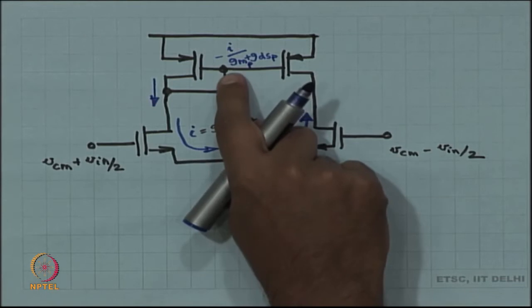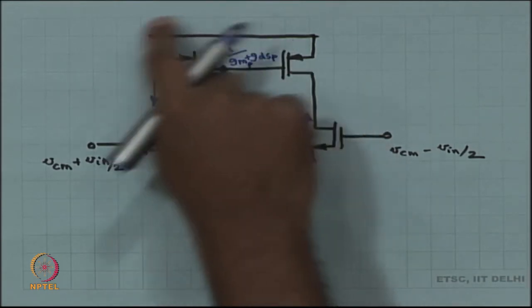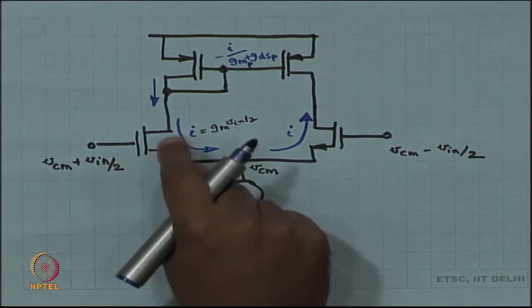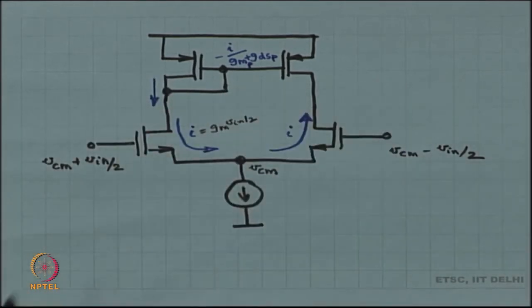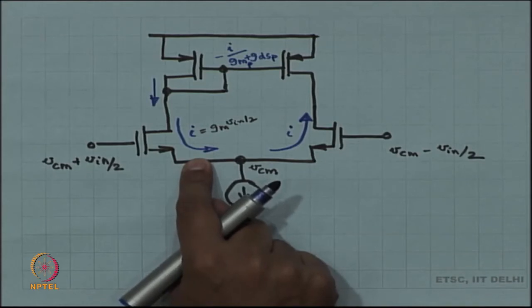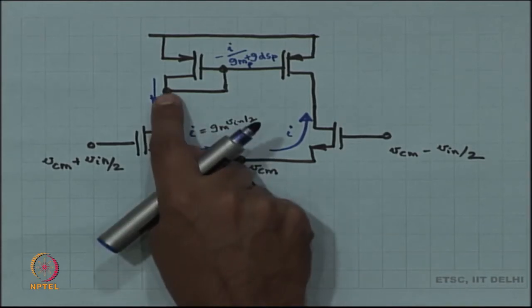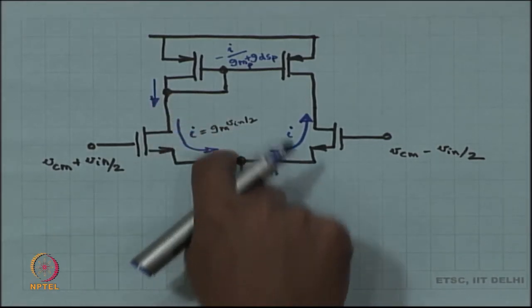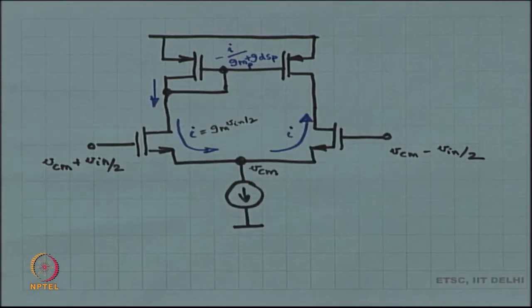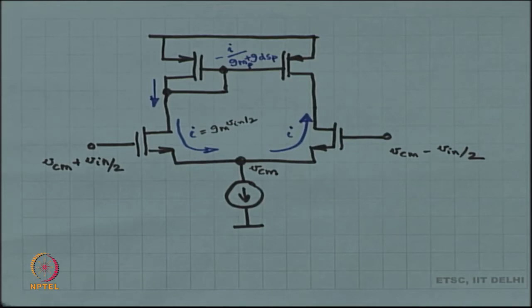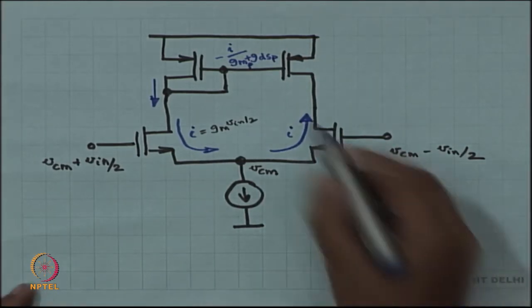Here I have taken into account the resistance of the PMOS, but I forgot to take into account resistance of the NMOS. So, if you want to take into account resistance of the NMOS, then this I current will also drop across that extra GDS N. That is going to get added into this denominator. Let us not worry about it now.